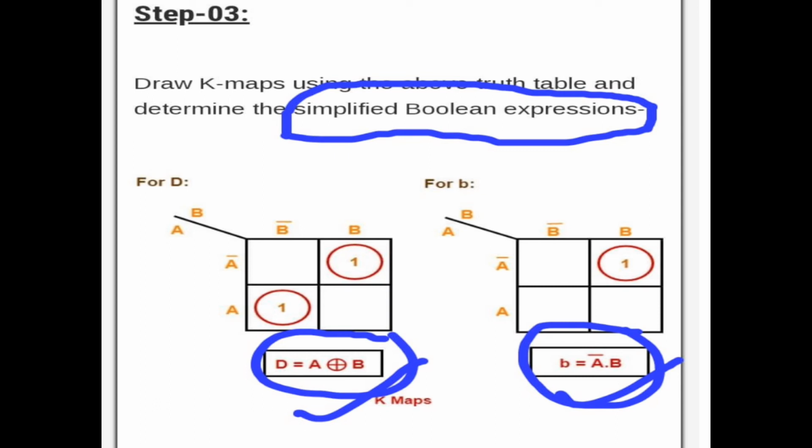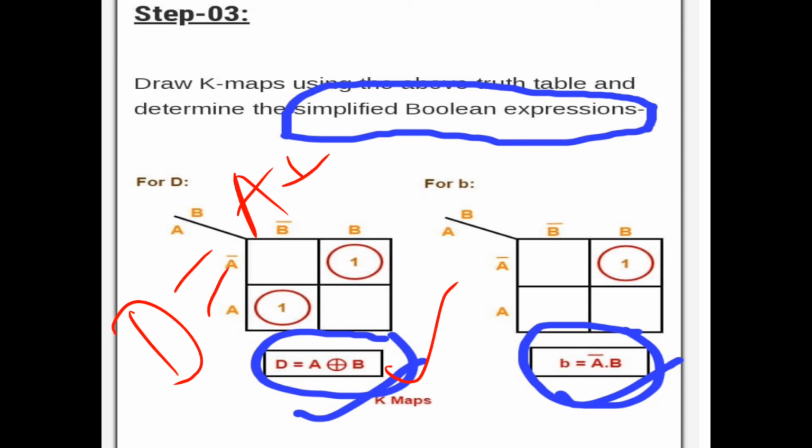So these are the two expressions which are followed. Again, the XOR operation between the two inputs A and B. Here the difference D will be evaluated as A, the first input, XORed with B.